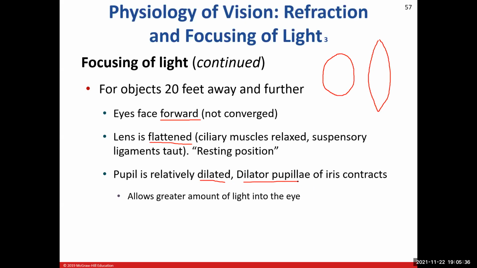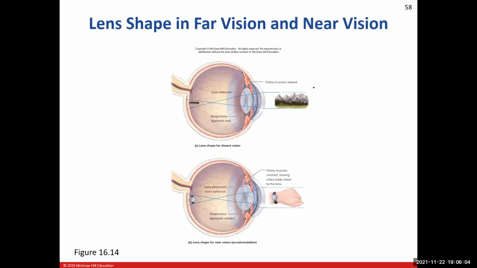Because we have that flattened lens, we can let more light in, because you can see we have a greater surface area here for whatever it is that we're looking at, compared to this surface area here, which is smaller during the accommodated lens. So that's what we're looking at here.